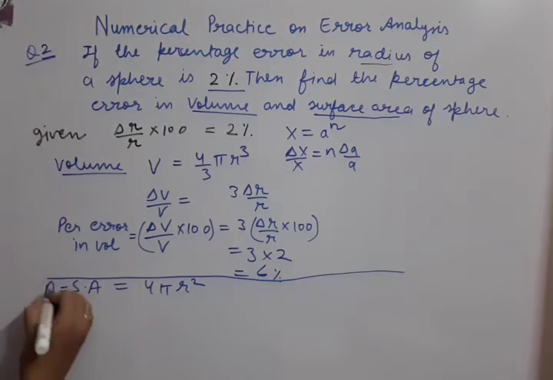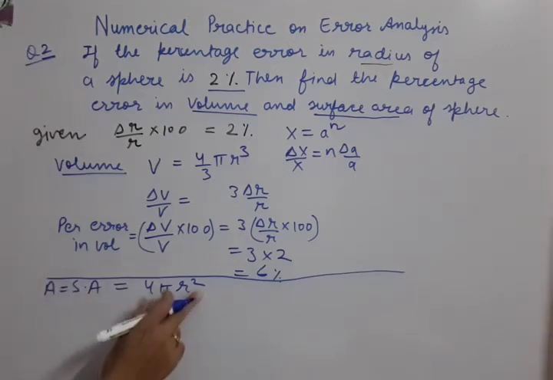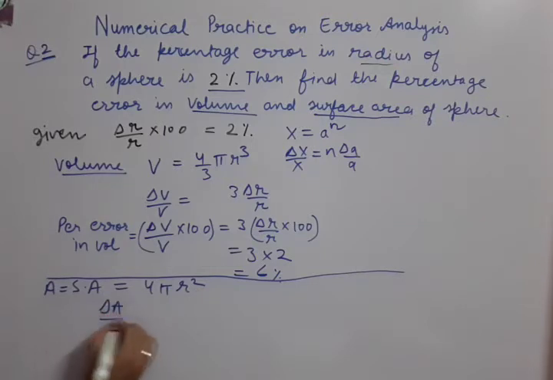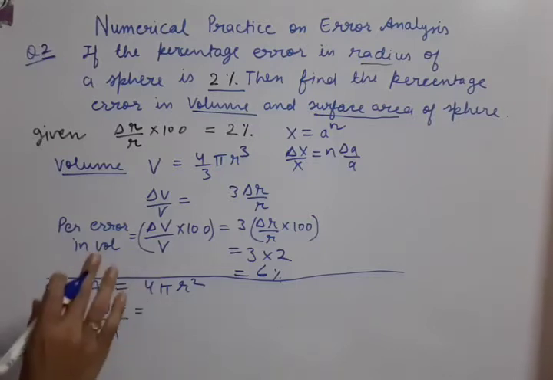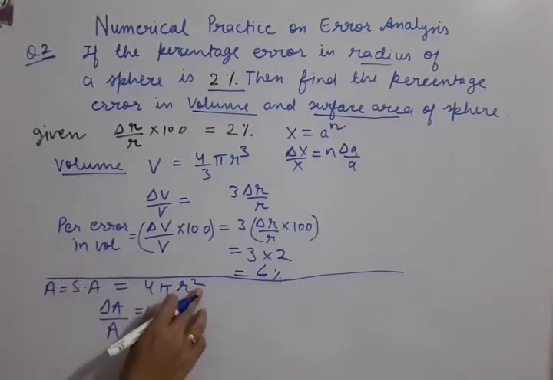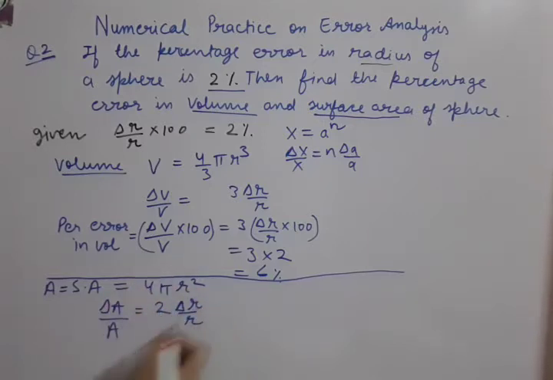I will call it in short area only, A. Now again this operation is a power operation. So I will write it this way. Delta A upon A is equal to, now see 4 pi is constant, it will be ignored. R's power is 2, this will come in front. And delta R by R we have to write. So this is the complete error expression.